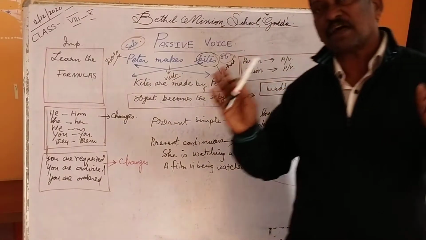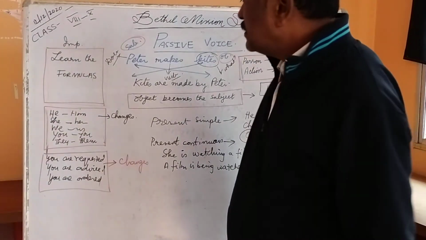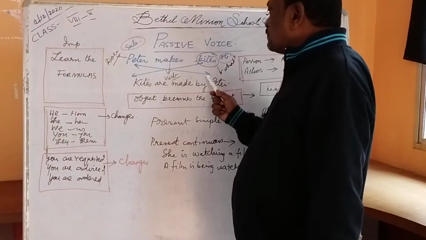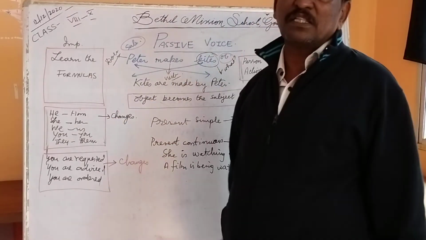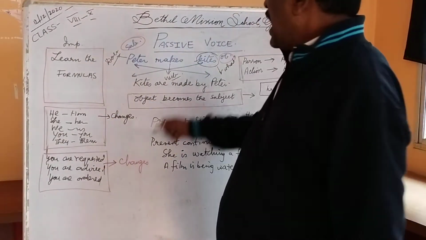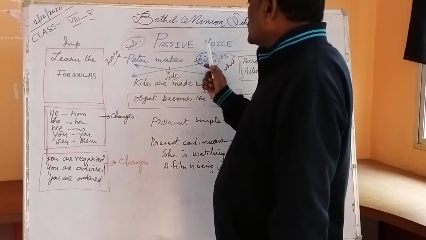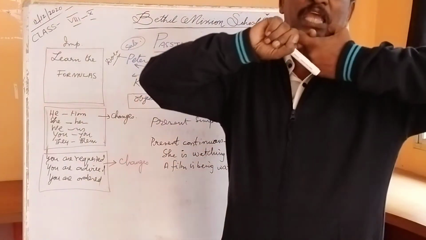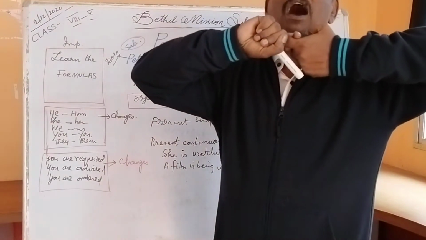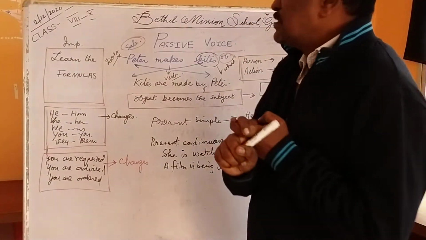So one thing is clear now: the subject in the active voice becomes the object in the passive, and the object in the active voice becomes the subject in the passive. So they are interchanged. You need to keep this in mind.